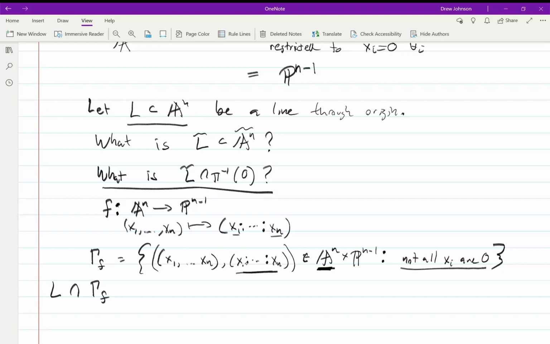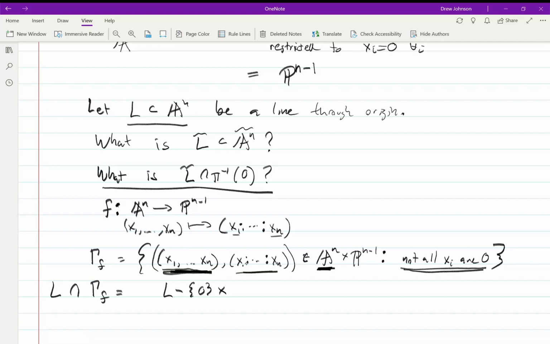Because just by using the projection down here, these points are just the coordinates on A^n. So if you intersect with L, you just get the set of all points in A^n that are on L, except we have to subtract off this condition. So let's just write L minus the origin.